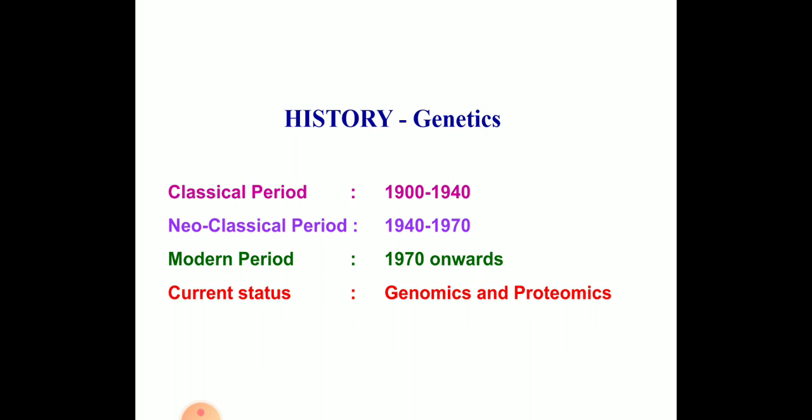Later that era is the modern period, which started around 1970s. Currently genetics has evolved very much, and now we are moving into genomics, looking inside the gene, the complete structure, how mutation and aberrations take place. That era is called genomics or proteomics.